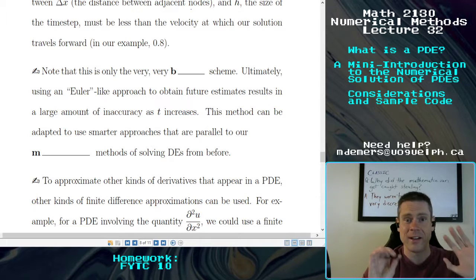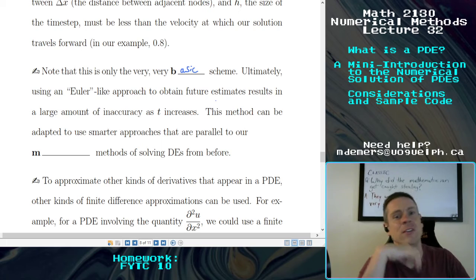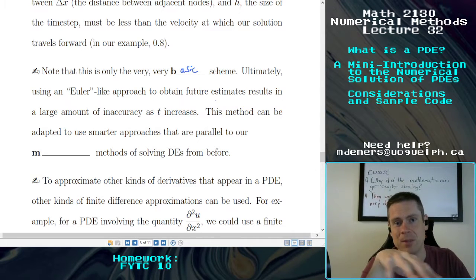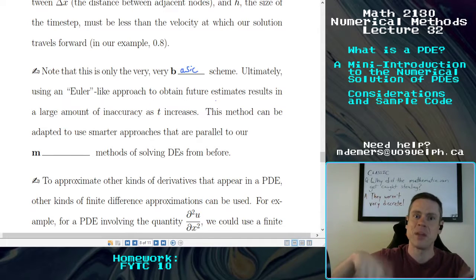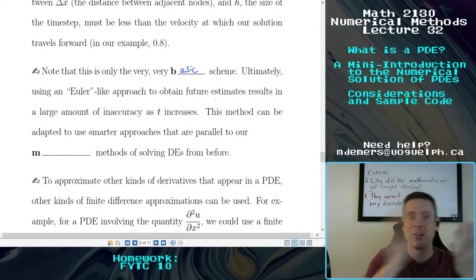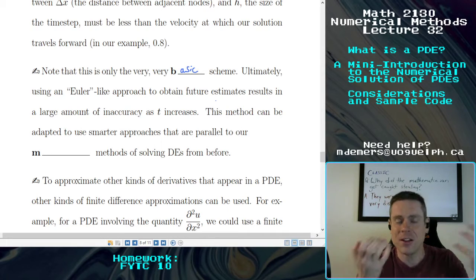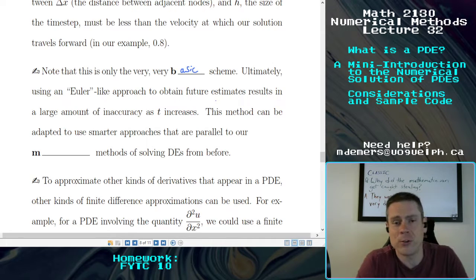What I just did and covered, and it looked really gross, that is the very, very basic scheme, and it's full of error and full of awful, and you'd never use this. But it's good to convey the concepts, right? The idea that you have a collection of data that evolves at a time step, that uses methods that are sort of familiar, that are related to what you know from Euler's method.